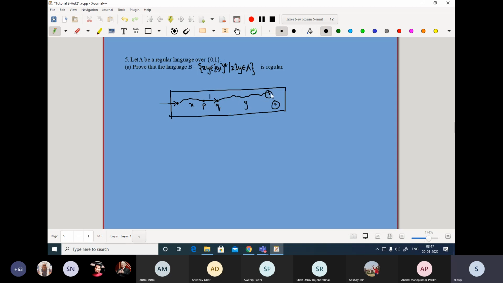This is the schematic diagram of any x1y that belongs to A. Now you have to give me a DFA or an NFA such that the strings xy, where x1y belongs to A, are accepted.